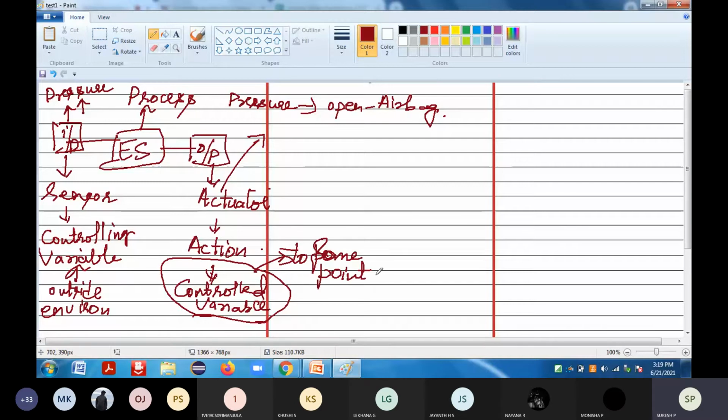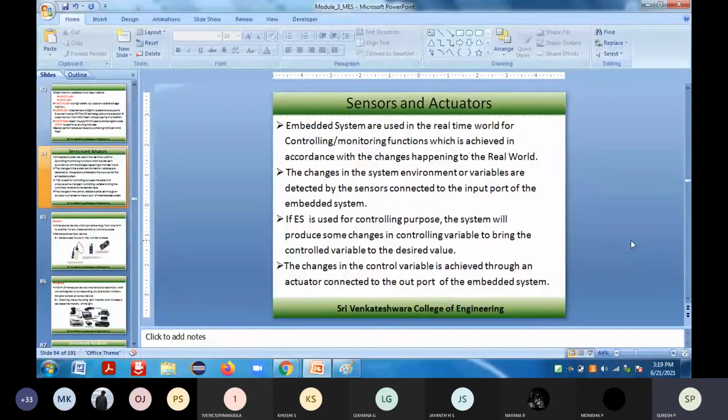That's what sensors and actuators are all about. The changes in the control variable are achieved through an actuator connected to the output port of the embedded system.